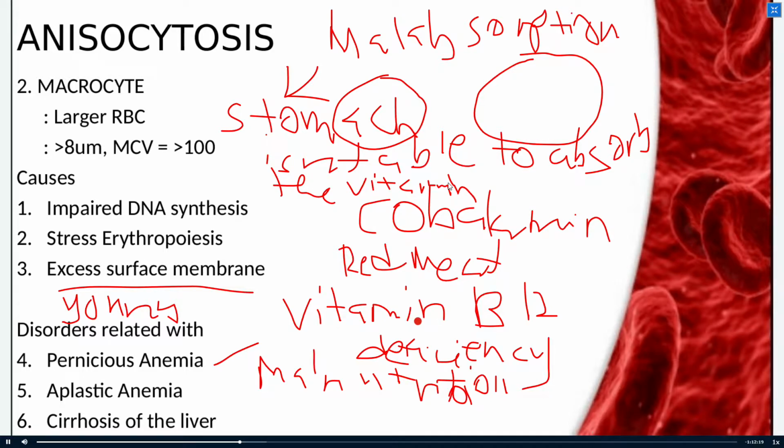Now, vitamin B12 deficiency, also known as cobalamin, could occur in two ways. Malabsorption, wherein the stomach isn't able to absorb the vitamin. Another one would be malnutrition. Hindi sila kumakain ng enough dietary products that contain vitamin B12, specifically red meat.